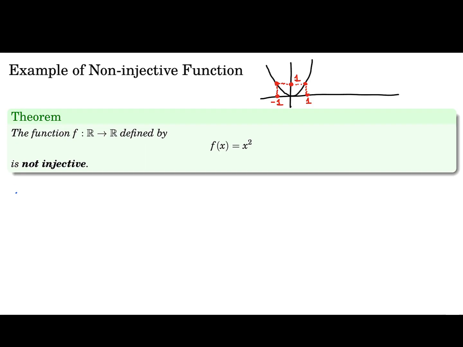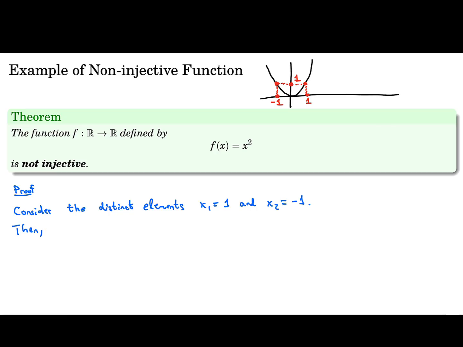So let's write a proof that this is not injective. In this case, it's a proof by counterexample, sort of. We just need to find one place where injectivity fails. And so consider the distinct elements x1 equal to 1 and x2 equal to minus 1.